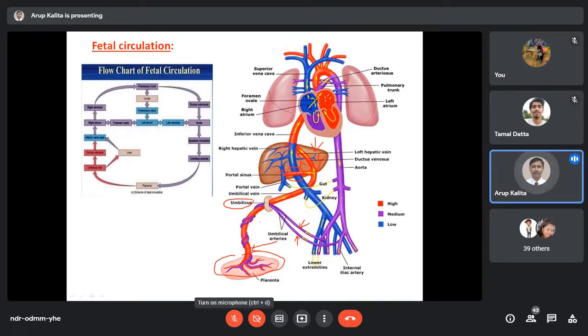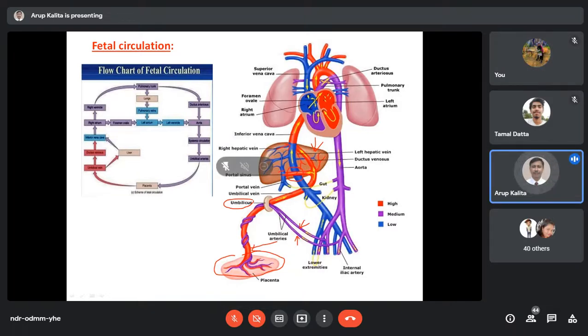Now what will happen? I just remind you again. The pure, oxygenated blood is coming from the placenta via the umbilical vein and enters the fetus through the umbilicus. Then this umbilical vein will go cranially in the abdominal floor towards the liver.